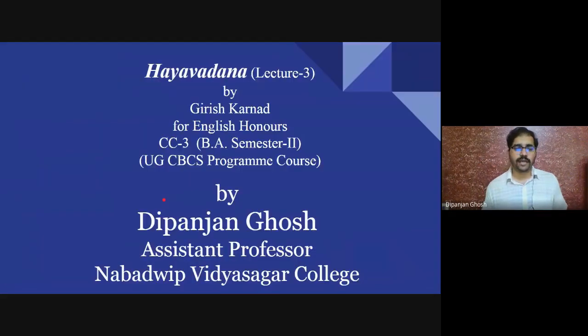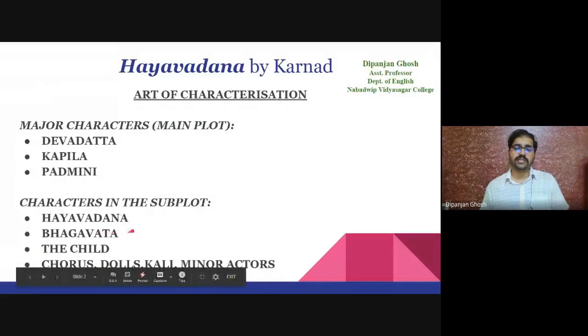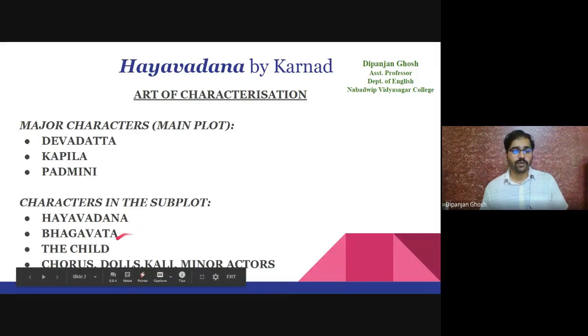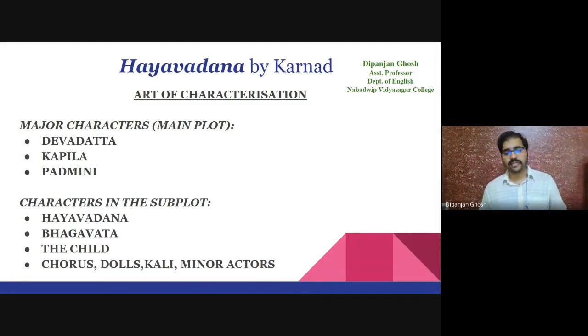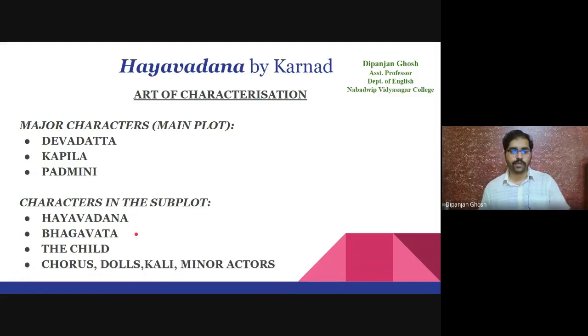In the subplot, we find a group of characters incorporated. A performance is going to take place, and there you get the theater company. Bhagavata is the director, and there are also other characters like the first character, second character. These are the players who are participating in this play. That is the play within a play that is going to take place.